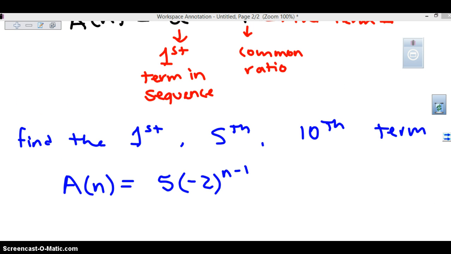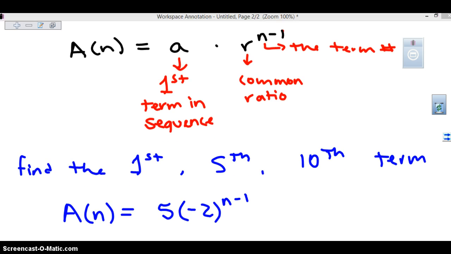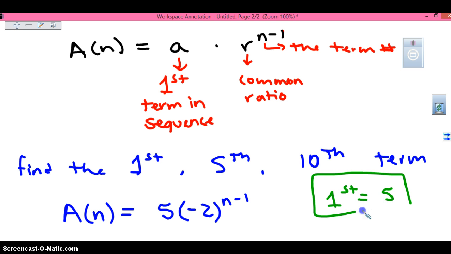So what was given to us? What does the 5 represent? The first term. So do we already have the answer to the first term? 5. What does the -2 represent? The common ratio.